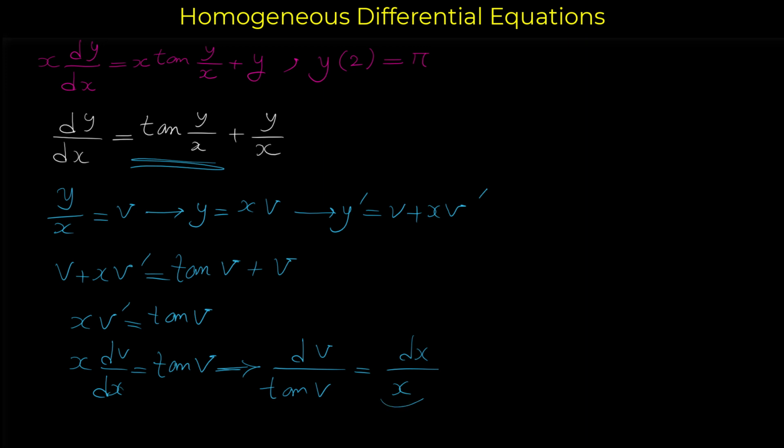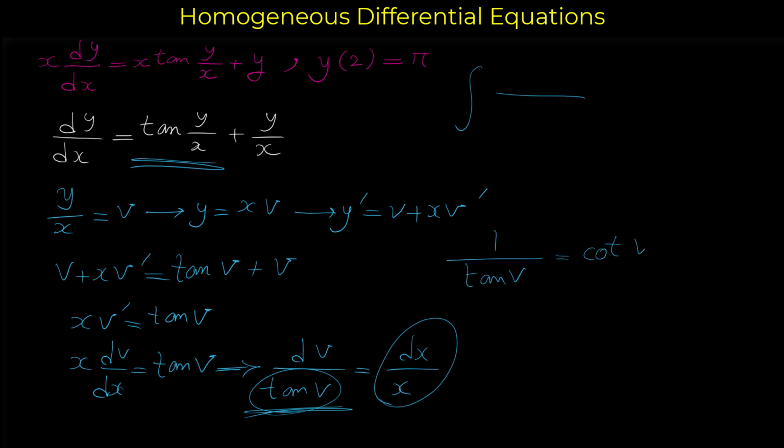So we have to find integral of this and integral of this. But integral of the left side of the equation, how can we find integral of dv over tangent of v? Note that tangent of v is sine over cosine, or let me show you another way. 1 over tangent, because tangent is the denominator, 1 over tangent is actually cotangent of v.